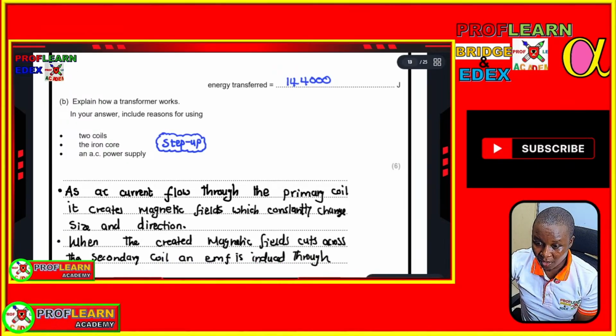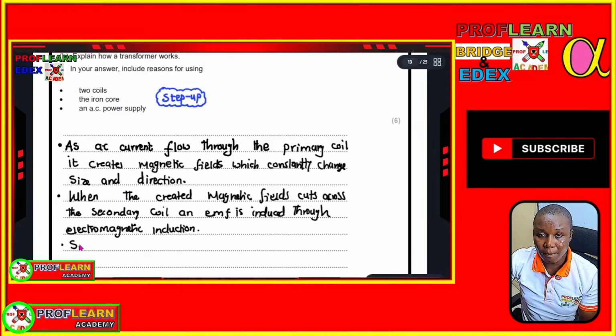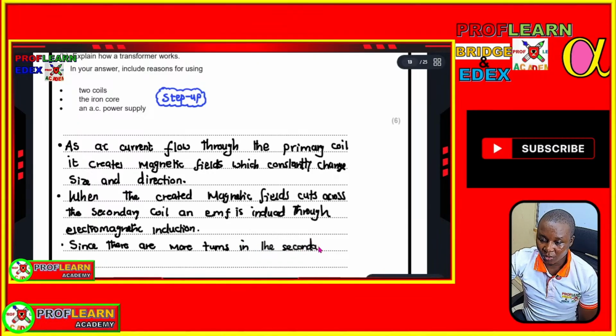And you can see here we have an iron core. A soft iron core is used because it is a soft magnetic material which can easily be magnetized and demagnetized.